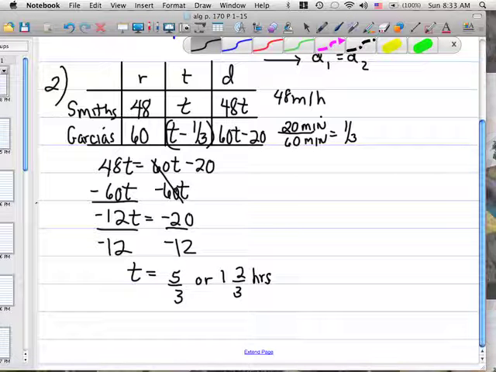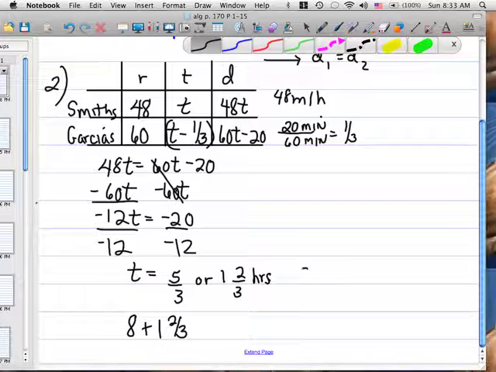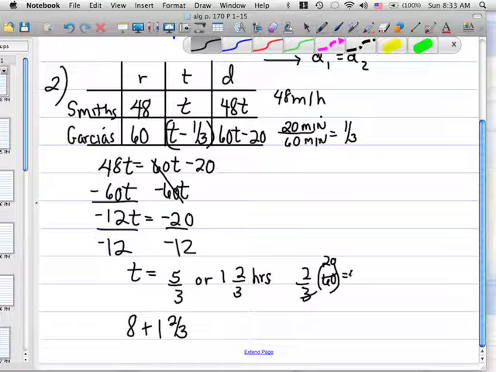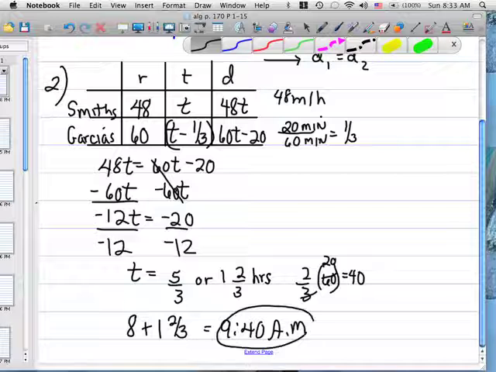In 1 2/3 hours. So if we started at 8 a.m. and add 1 2/3 hours, 2/3 of an hour is 40 minutes. So it would be 9:40 a.m. when they overtake them.